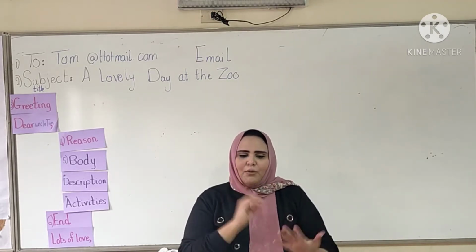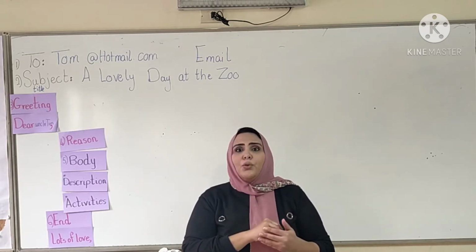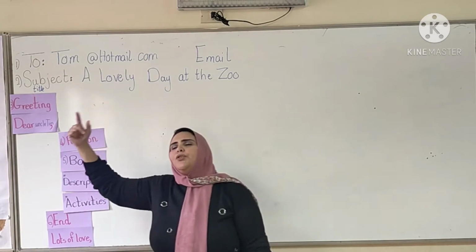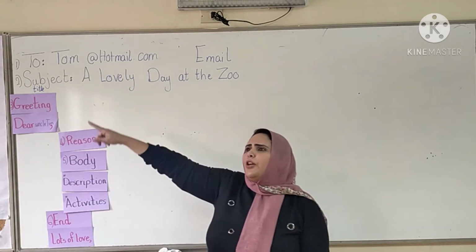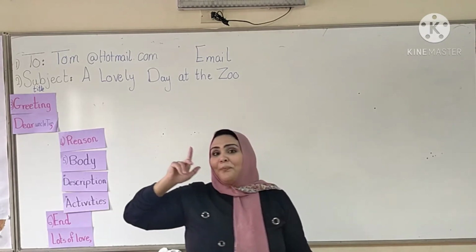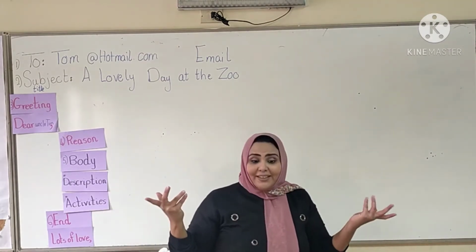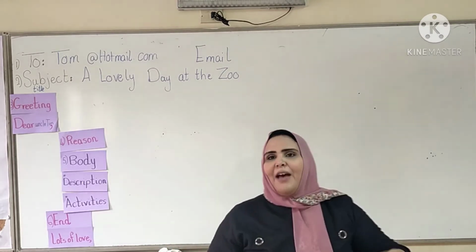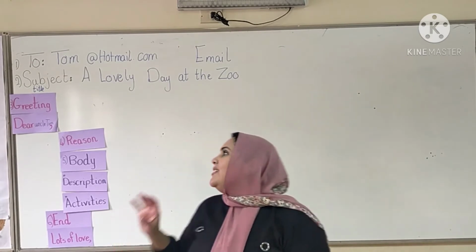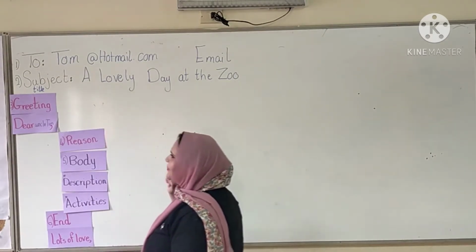So it will be, I'm writing this email to invite you to an amazing trip to the zoo next Thursday, 21st December, at 2 o'clock. Where? For example, at Africa Zoo. Okay? This is our first paragraph, the reason.